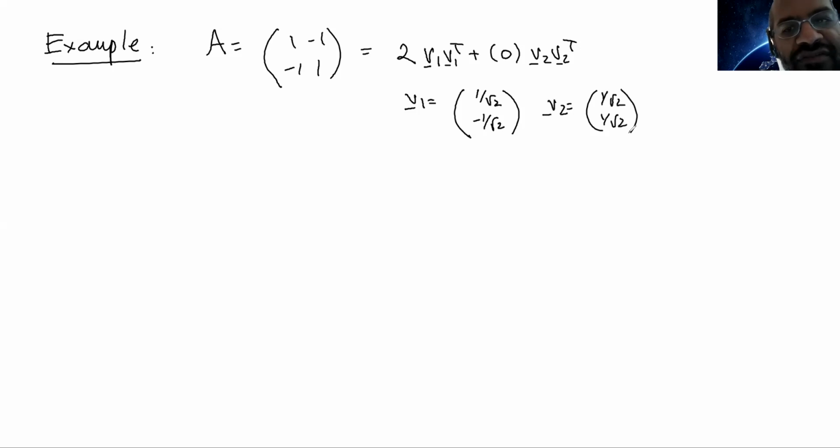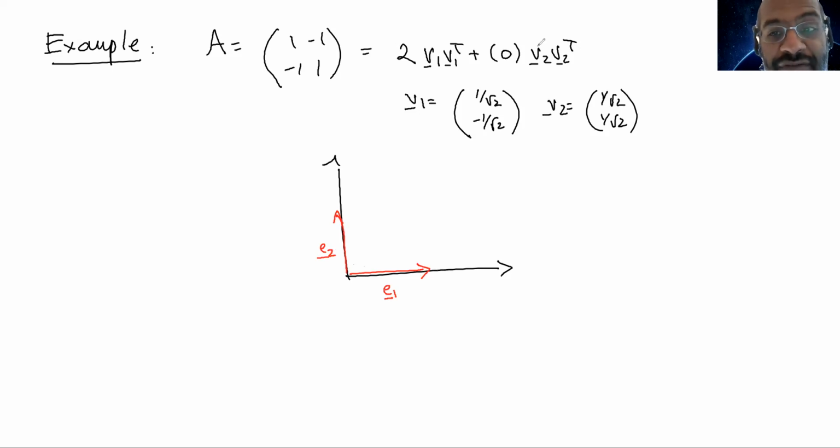So let's again draw the picture of what happens to the standard basis vectors. We started off with some E1 and E2. But now there are these two eigenvectors. V1 looks like this, and its span looks like this, and V2 looks like this.